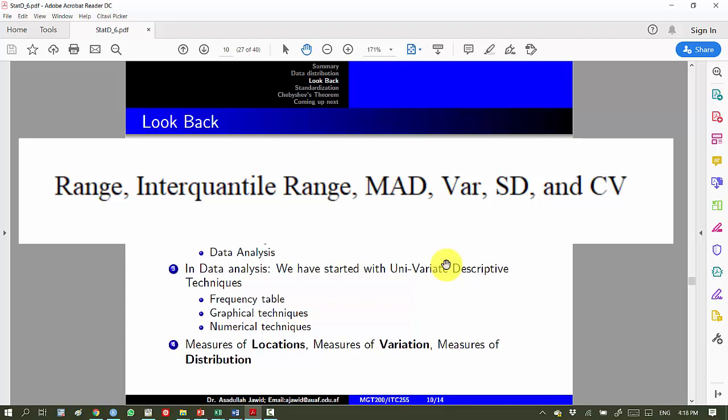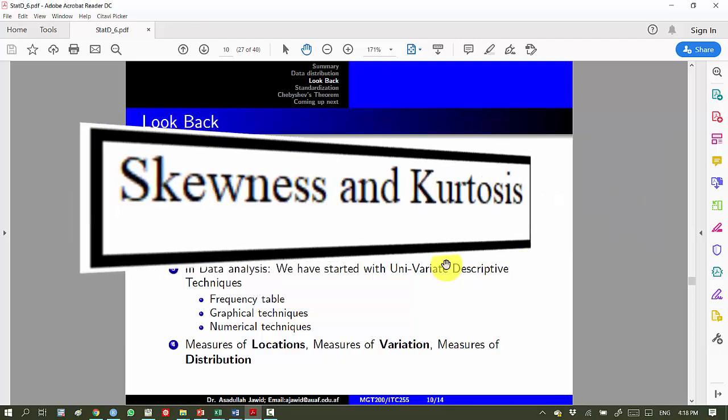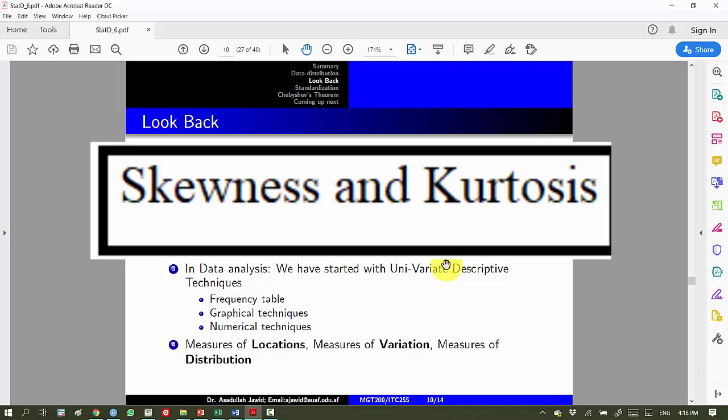Measures of variation, such as range, interquantile range, mean absolute deviation, variance, standard deviation, and coefficient of variation. And then lastly, we have seen the measures of distribution, namely skewness and kurtosis.